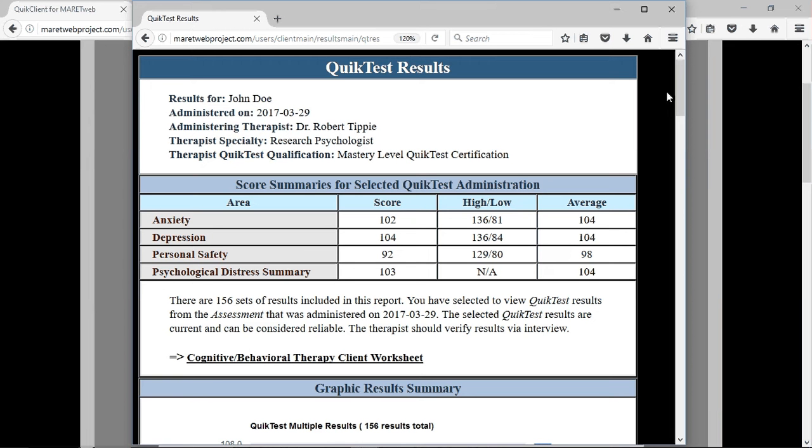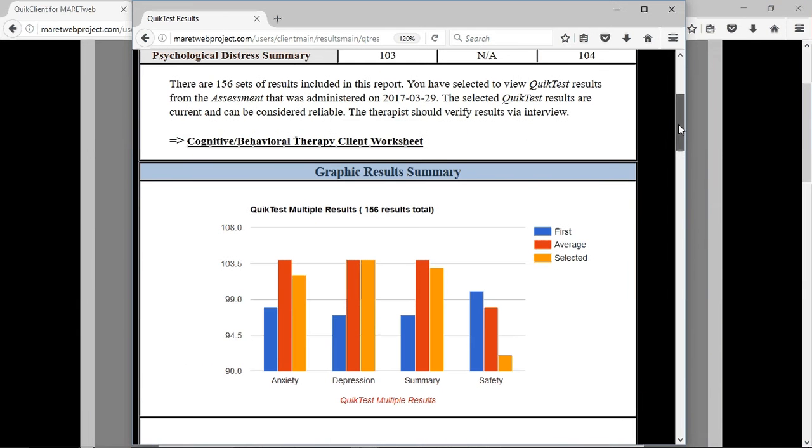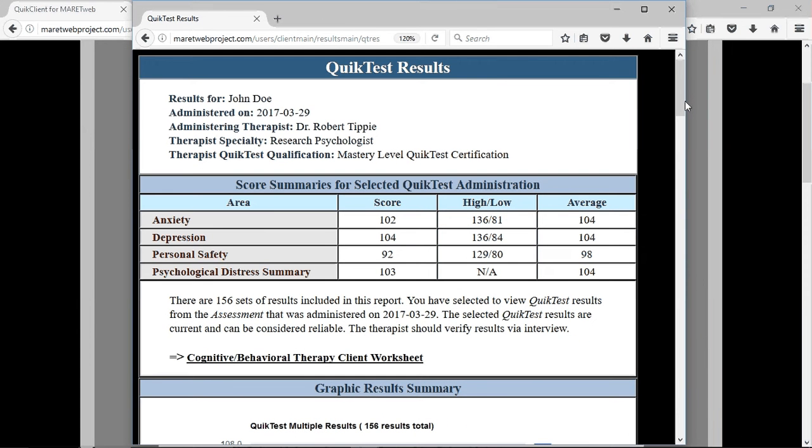I had a request for data that I believe was really pertinent to some people's situations, and so I created a graph for that, and I also created this cognitive behavioral therapy client worksheet. Now this is available in 3 places, same worksheet.